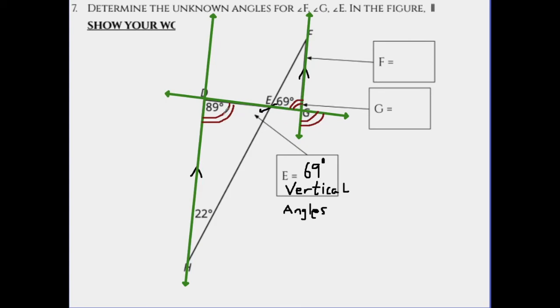Or you could say, hey, corresponding and then vertical. Whichever way works best to show that you know it. But you have to write something down to show that you know that that's 89 degrees now. So I'm actually going to say the short way. I'm going to say straight to that inside there, they are alternate interior angles.